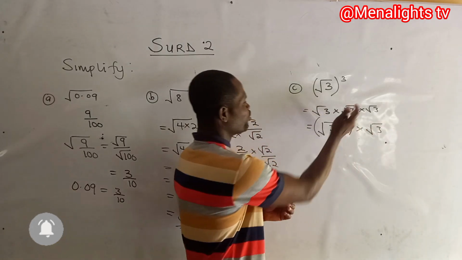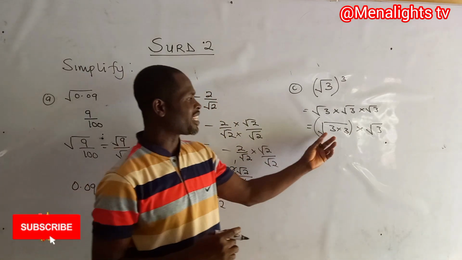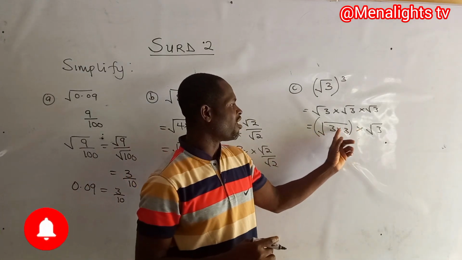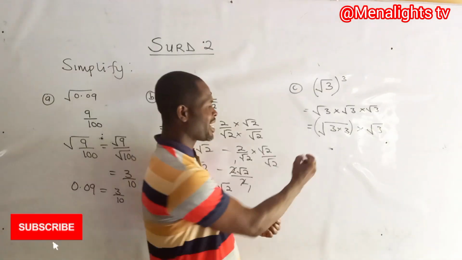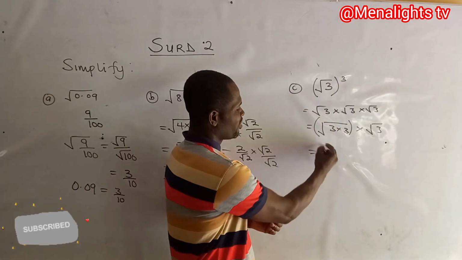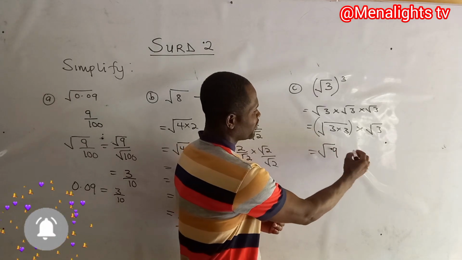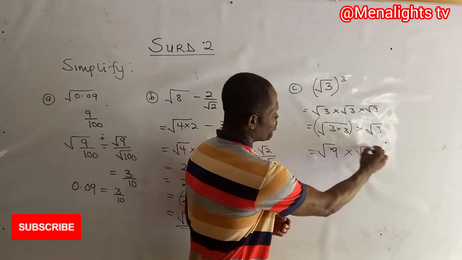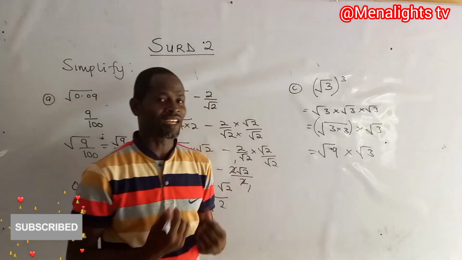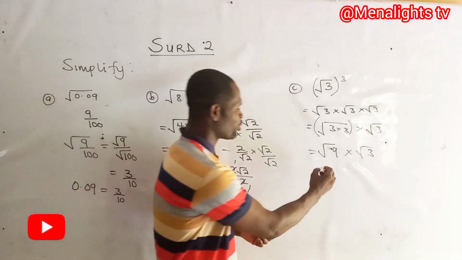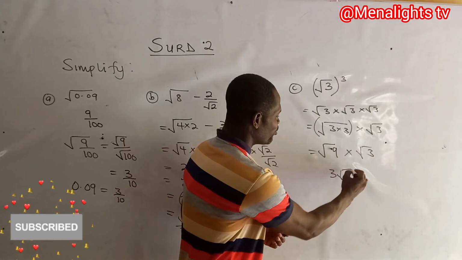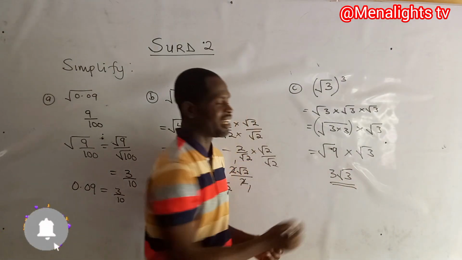We are taking these two, root 3 times 3, the root 3. So from there we have root of 9 times root 3. And the root of 9 is the same as 3. So 3 root 3 is our final answer.